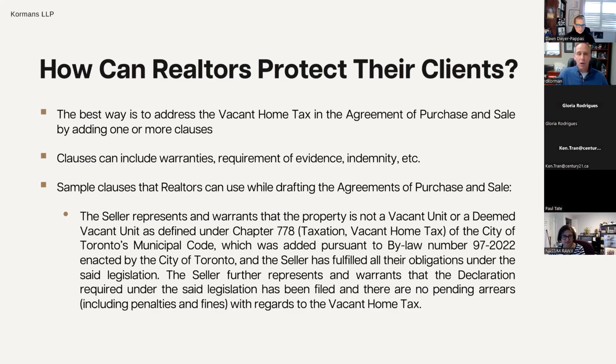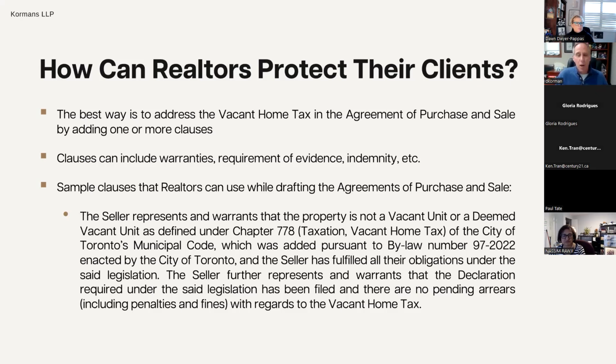And I'm going to give you a couple examples here of clauses that could be added. It could just be that they're representing and warranting that they filed their declaration and nothing is owing, or it could include an indemnity as well. So I've got a couple clauses just to show you, and we're in the process of trying to figure out the proper wording and everything, but we've got this drafted so far.